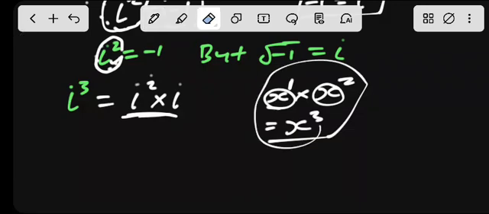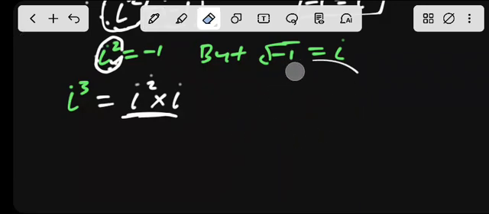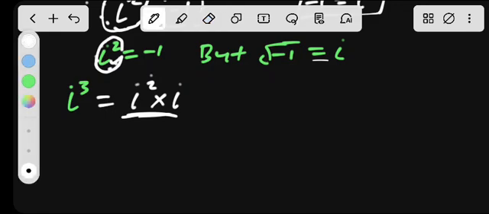Similarly, i squared multiplied by i is the same. We have not changed anything; you add the exponents.